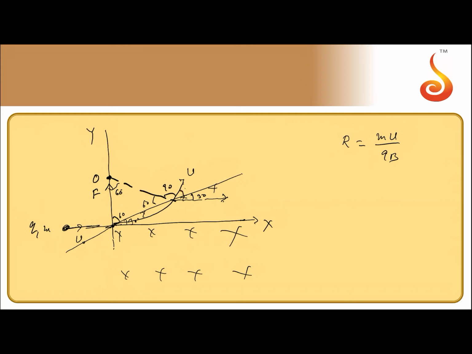So this angle will be 30 degrees. From the x axis, the velocity vector is making an angle of 60 degrees. So v will be equal to v cos 60 i cap plus v sin 60 j cap. We can see that this is one of the options.